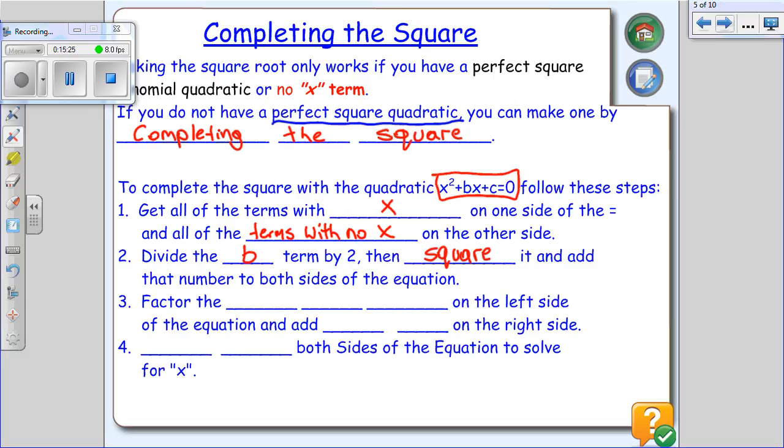Now, factor the quadratic equation on the left side of the equation and add on the right. I don't remember what all those blanks are.